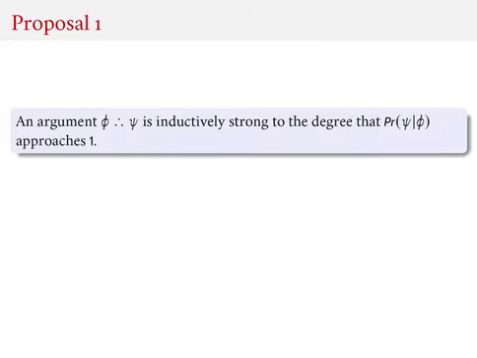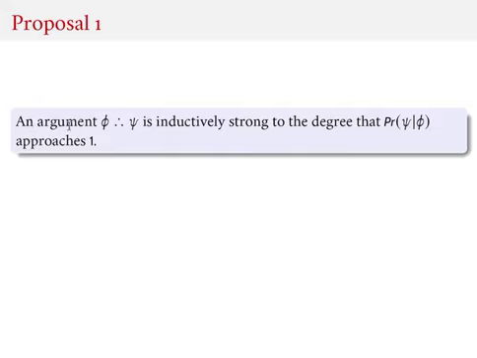Now here is the first proposal, and we're going to show a problem with it, but this is very close to what probability theory can tell us about inductive reasoning. So our first and simple proposal is that an argument with premise phi and conclusion psi, so these 3 dots just mean therefore, is inductively strong to the degree that the probability of the conclusion given the premise approaches 1.